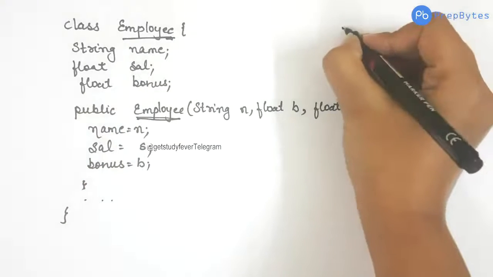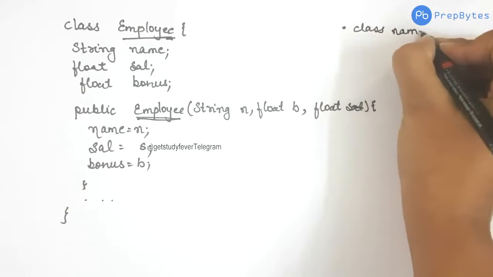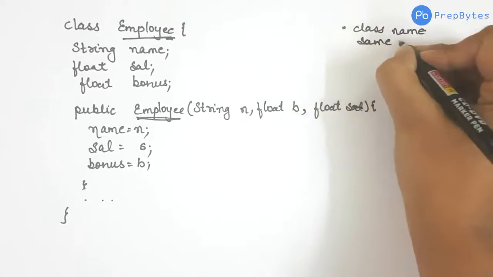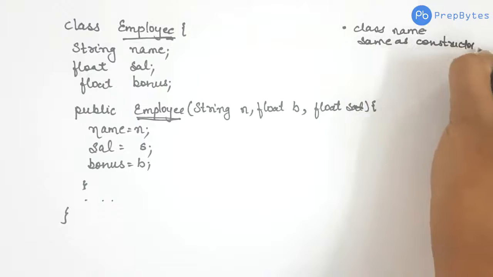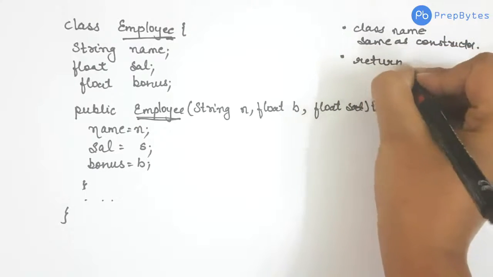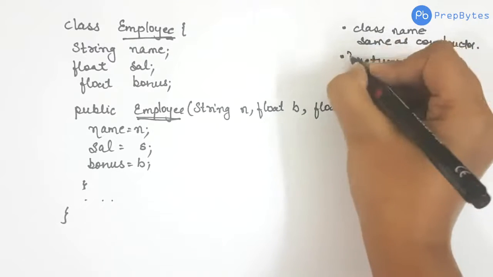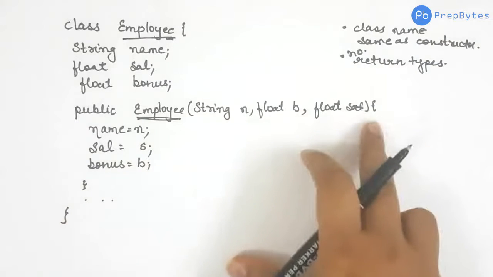So first, we have class name same as constructor. Next, we don't have return types in constructor. Better to say no return types, and there can be 0 or more parameters. So here we have used 3 parameters.